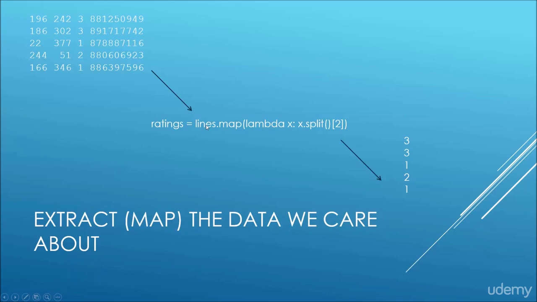What it's doing is creating a new RDD called ratings, and you need to remember to assign the result of that transformation to a new RDD, or else it will just go nowhere. Very common mistake there. You can't just call lines.map and expect it to change everything in your lines RDD. You need to assign that result to a new RDD. In this case, we called it ratings. So if you got that, great, let's move forward. If not, again, hit pause, rewind, do what you got to do to understand this slide. Very, very important concept.